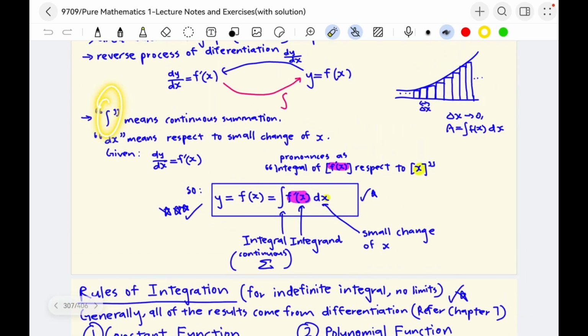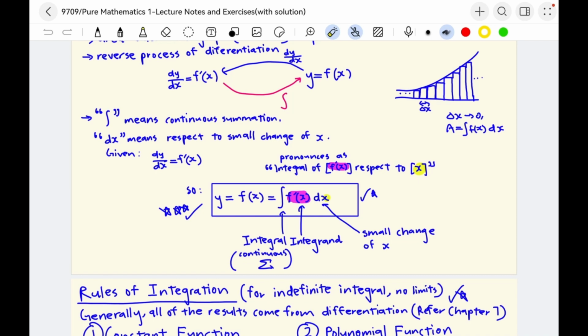Alright, so the problem over here. What does the long S mean? Okay, the long S in integration is very crucial because this symbol is an uppercase sigma. It refers to continuous summation. Okay, it is actually the continuous summation as the limit of the change of x approaches 0.